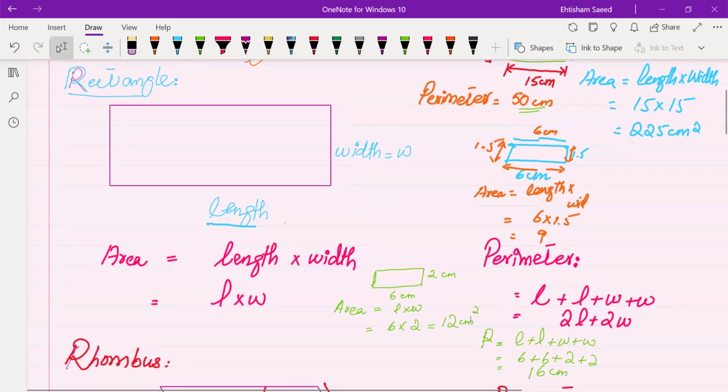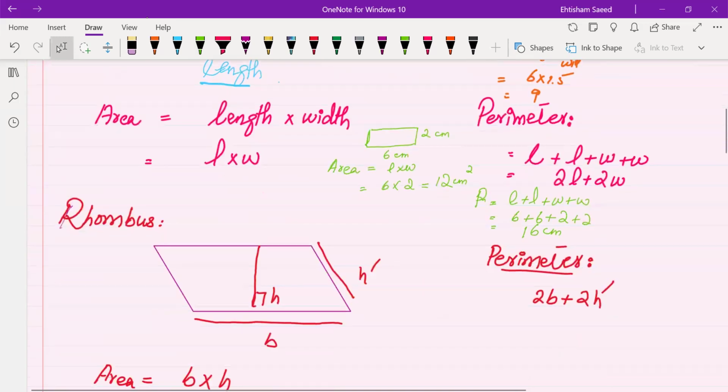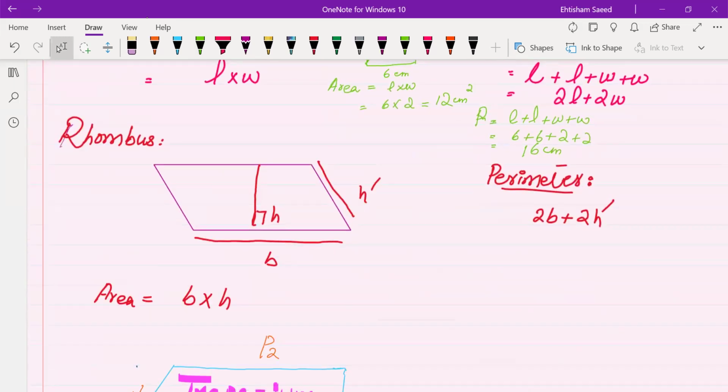Moving ahead, there is another shape, the rhombus. This is also a parallelogram, and the rhombus has this shape in which two sides are tilted or inclined. Now, what will be the area of the rhombus?